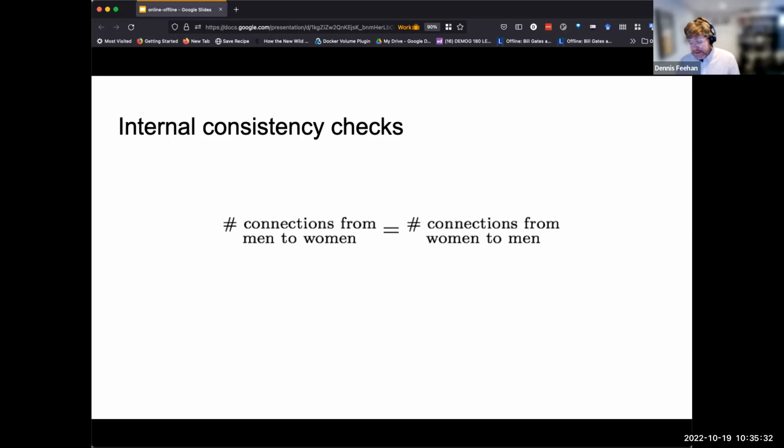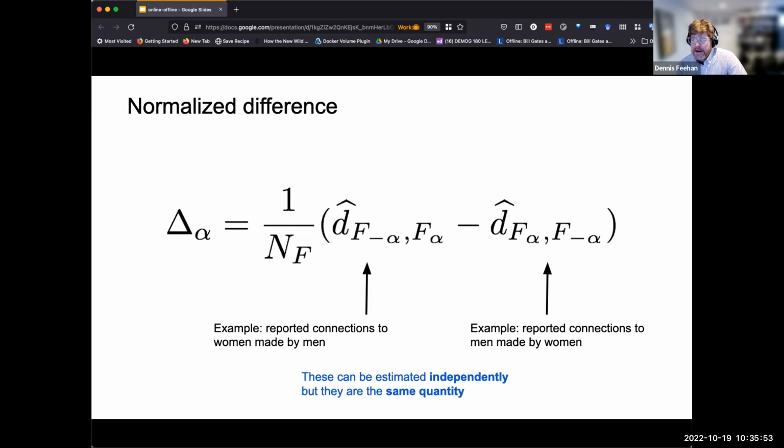To make this a little more concrete, both of these network ties that we're studying here are symmetric, meaning that if A is connected to B, then B is connected to A. What that means is that in total, the number of connections from, say, men to women has got to be equal to the number of connections from women to men, just logically.